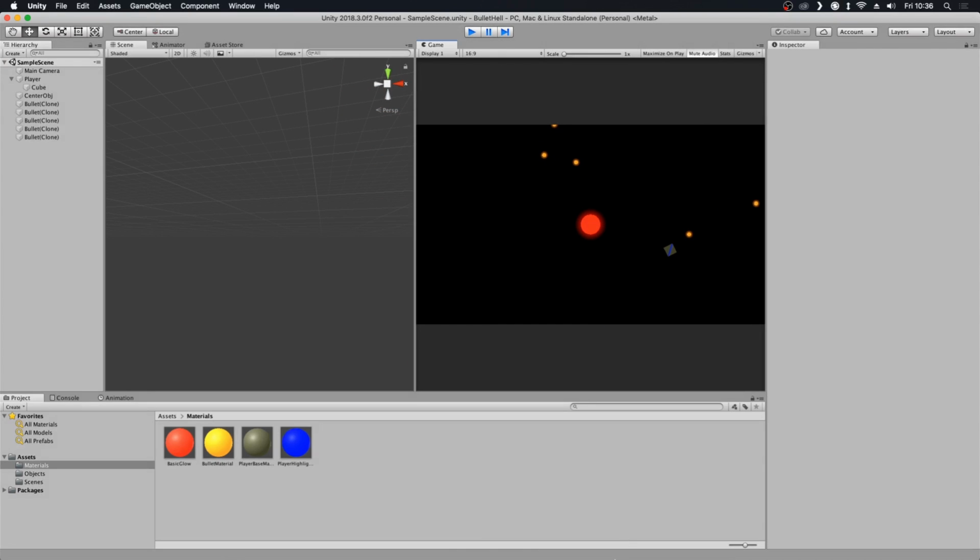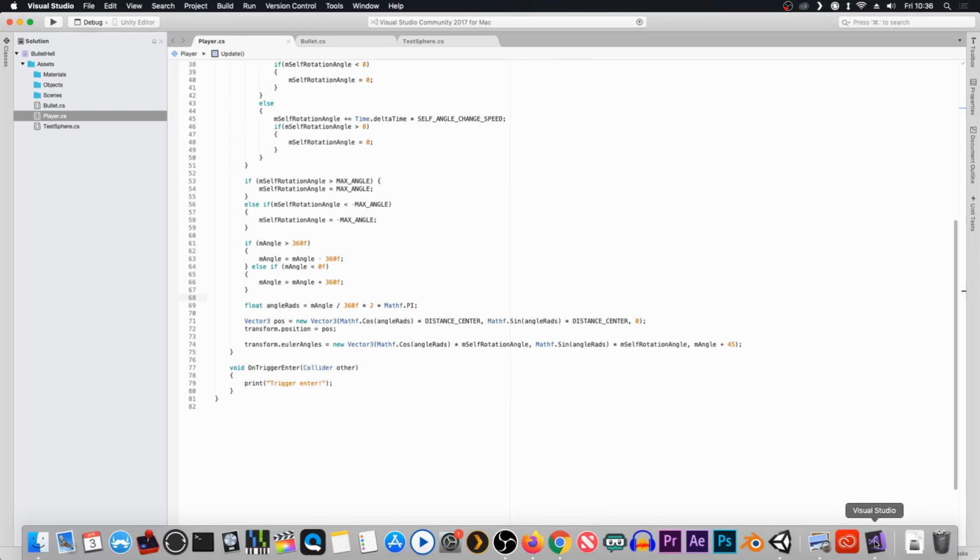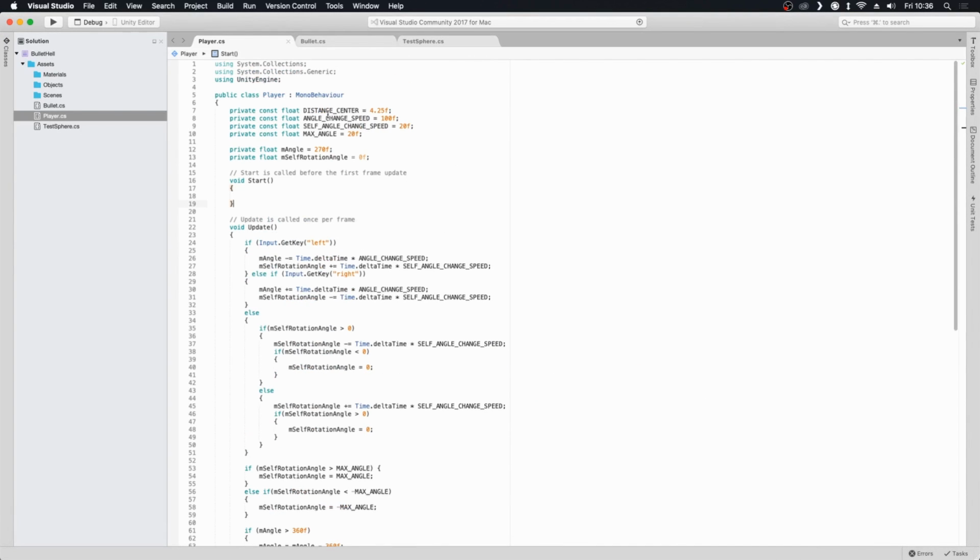Okay, I'm gonna make the angle more obvious. Having a hard time figuring out what's happening. Max angle, just gonna do 45, go a bit crazy. And the change speed a lot bigger as well.